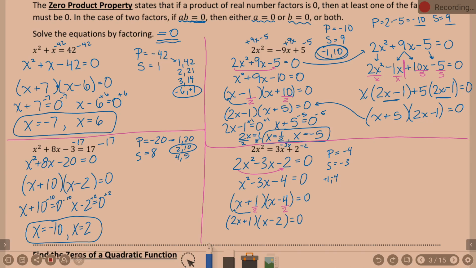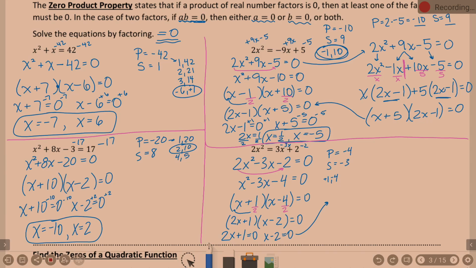Now, this is an equation equal to 0, so what do we have to do to finish this off? Set each factor equal to 0. So 2x plus 1 equals 0. X minus 2 equals 0.